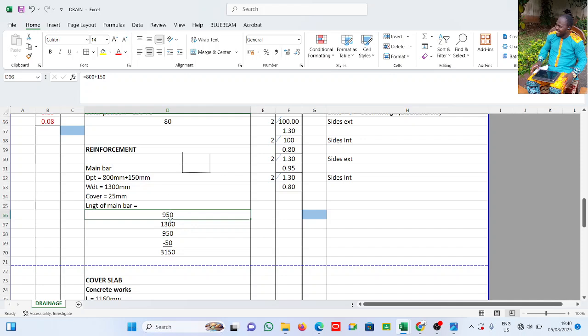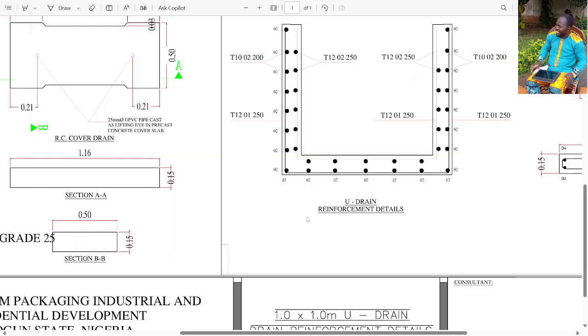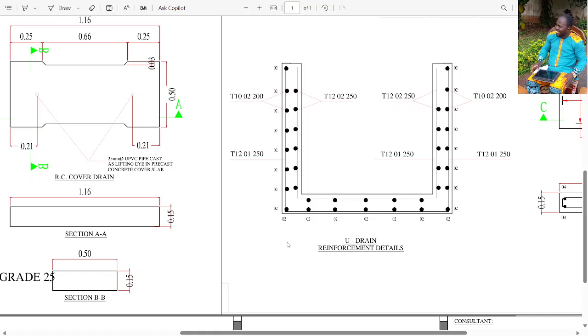Now see what happened here. This is 950, right? Now this is 1300, then another 950. Now this is what we have here. This is the main bar.